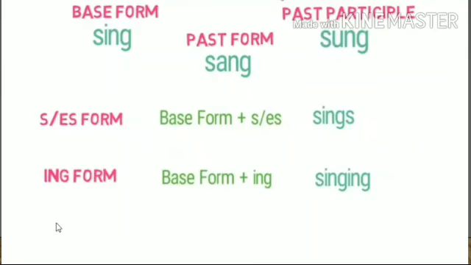Base form plus ing gives this form. For example, sing becomes singing. Here you see ing is added with the base form sing. So with sing, ing is added and it becomes singing, which means it is still continuing.